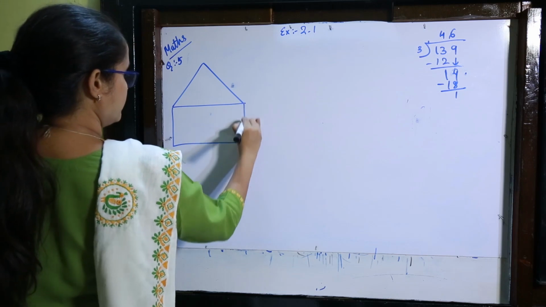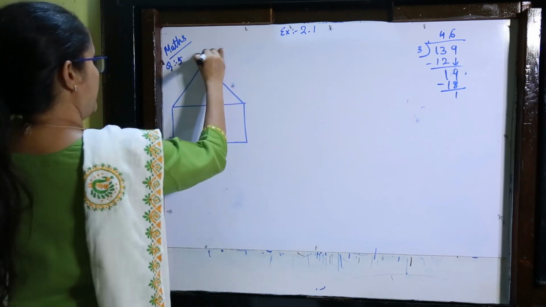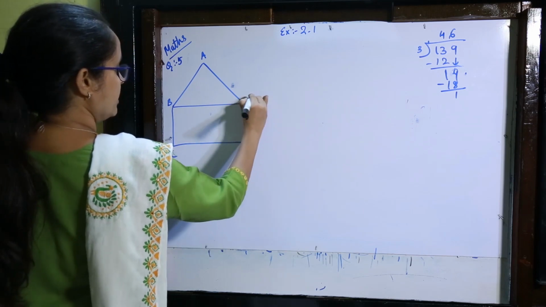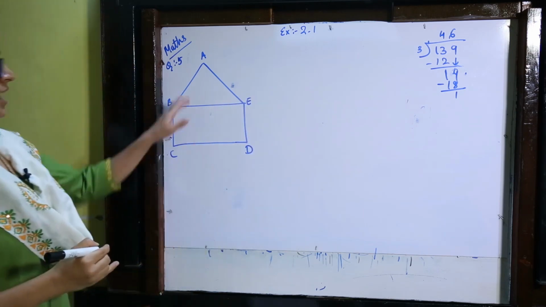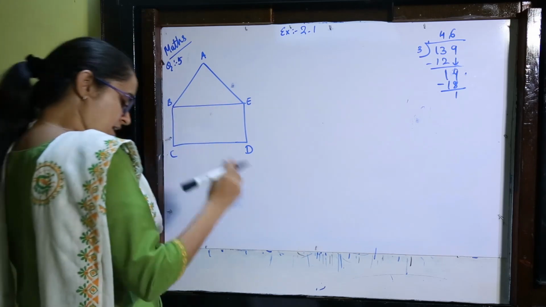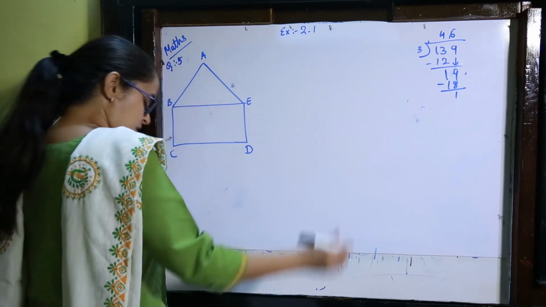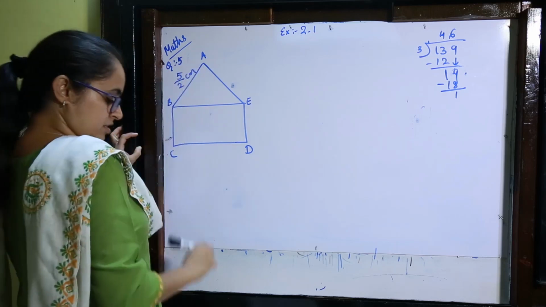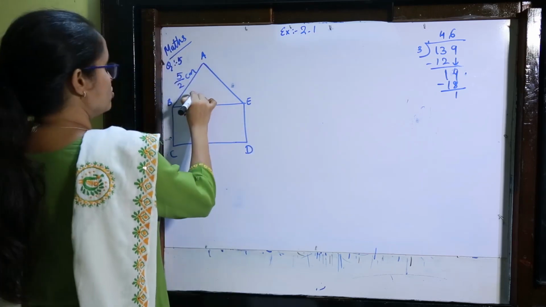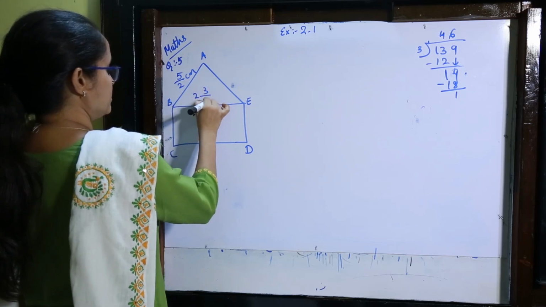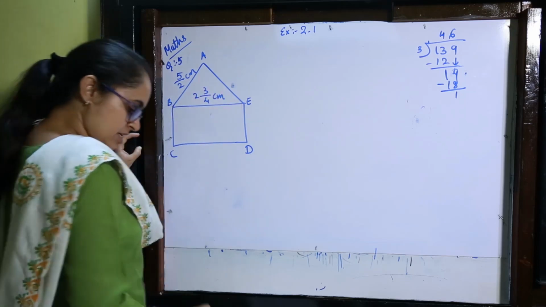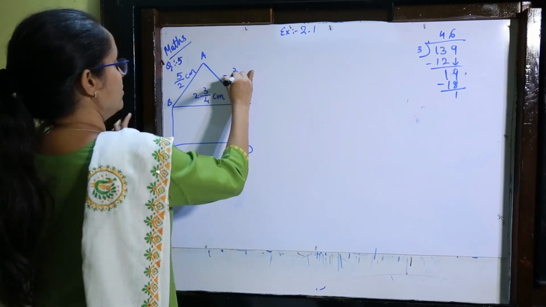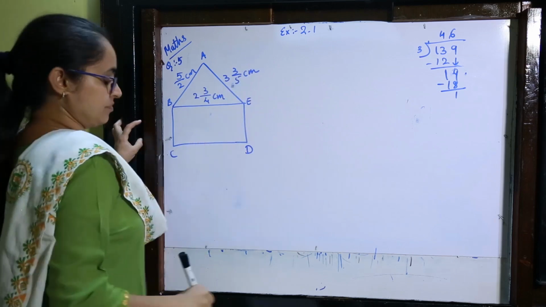This kind of figure is given to you. A, B, C, D, E. Here is triangle ABE. AB is 5/2 centimeter, BE is 2 3/4 centimeter, and AE is 3 3/5 centimeter.